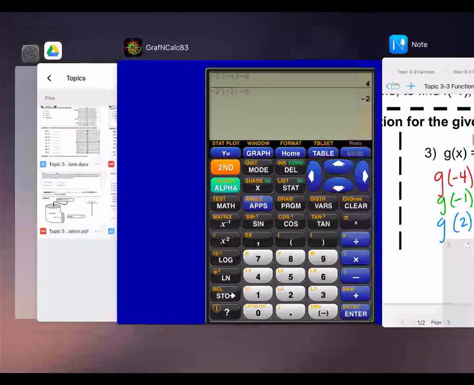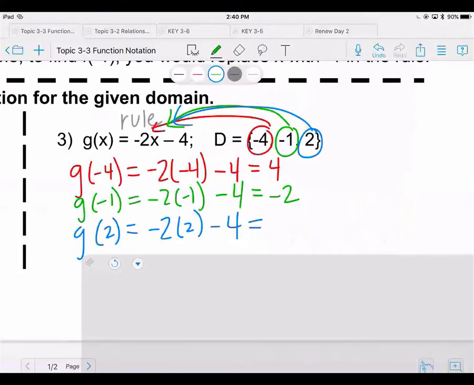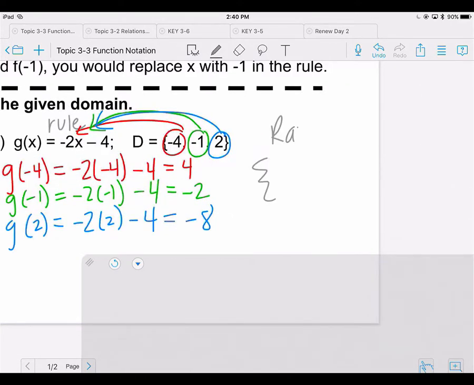And negative 2 times 2 minus 4 in blue is negative 8. Again, remember these are separate, distinct points, so my range is 4, negative 2, negative 8 with the braces around it.